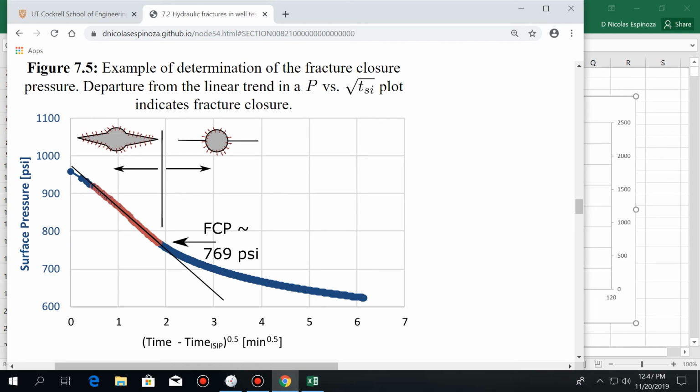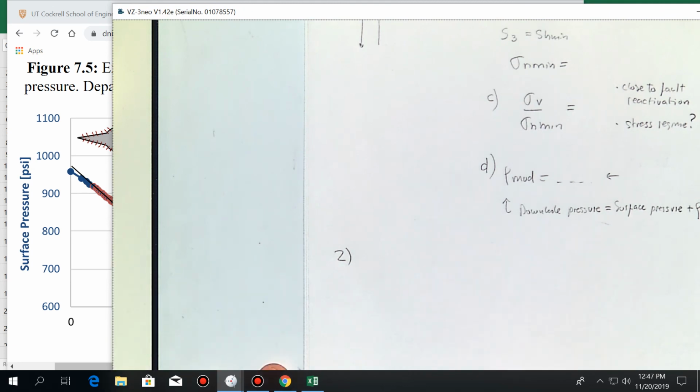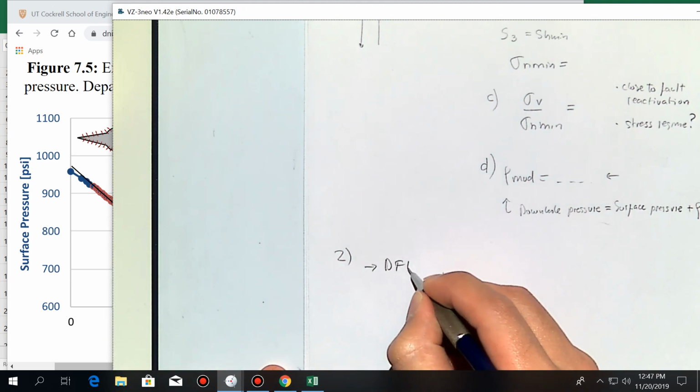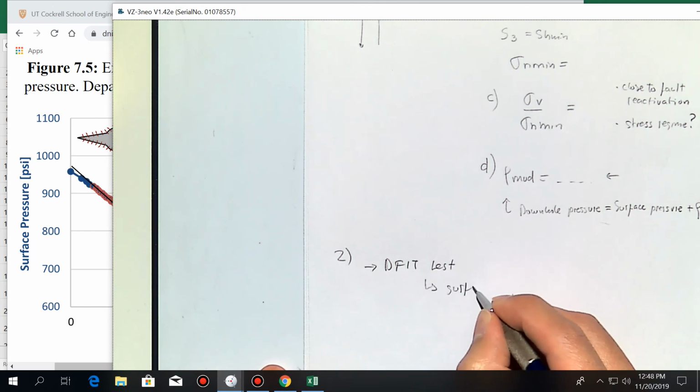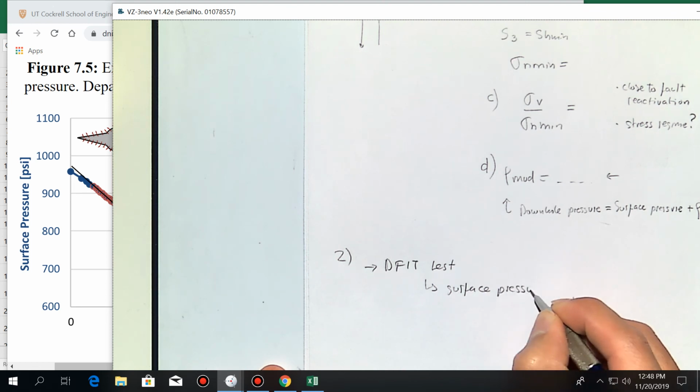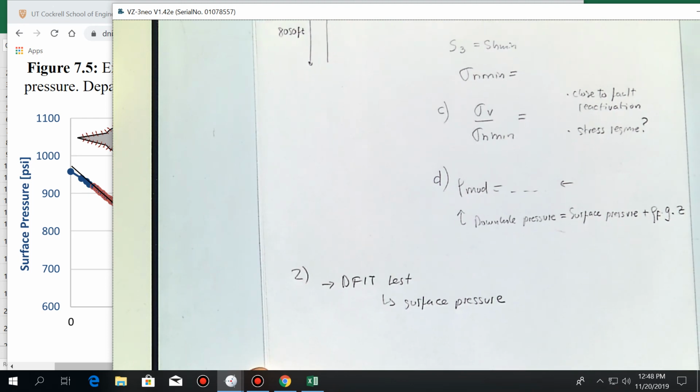Something very important to notice over here is that these readings in number 2 are going to be in terms of surface pressure. So that means that if you want to know the actual minimum principal stress in downhole conditions, you need to add the column of fracturing fluid in order to tell me what is the minimum principal stress.